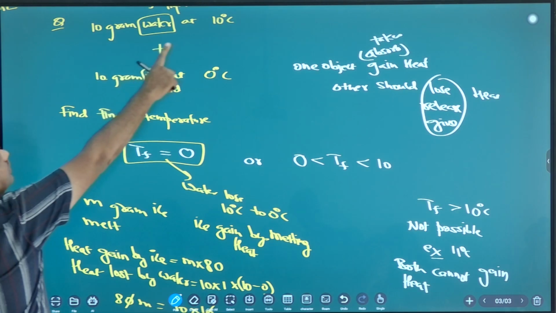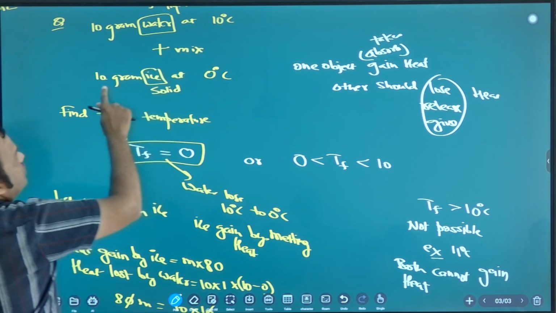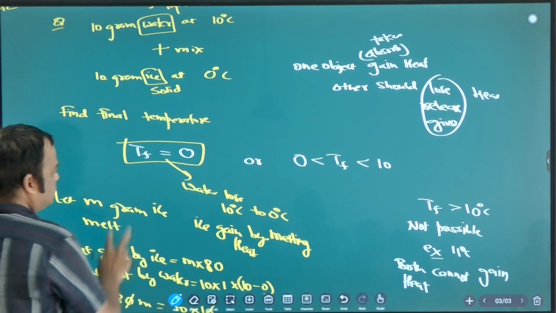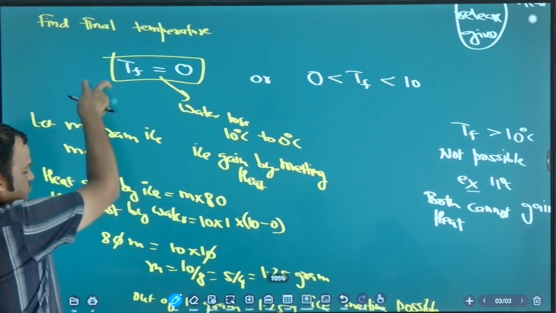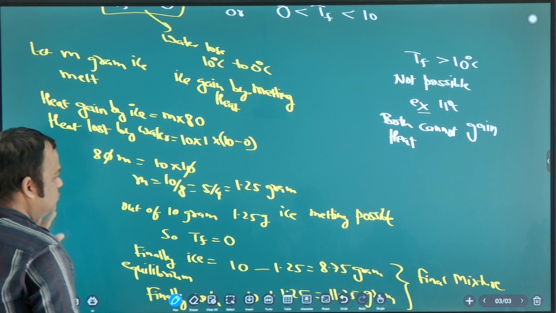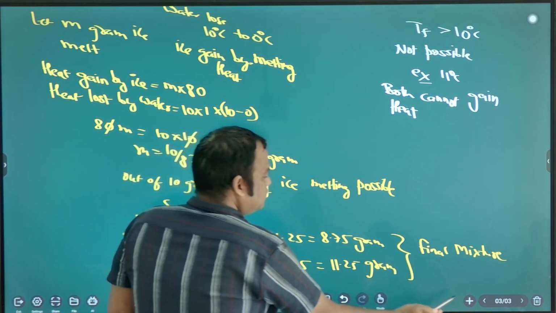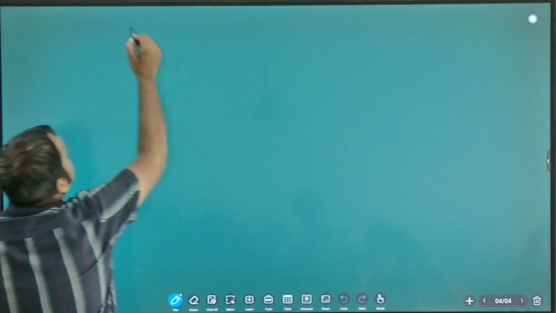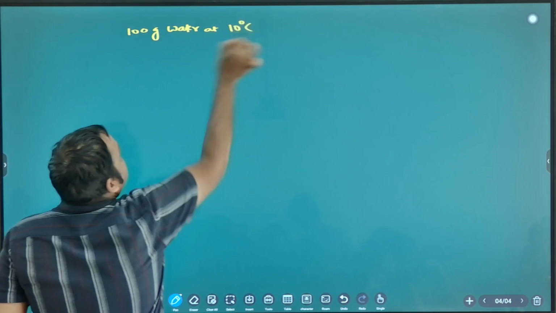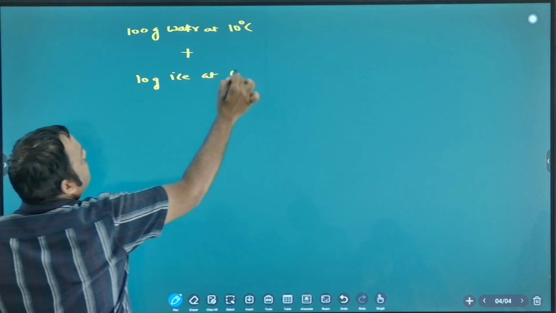100 gram water at 10 degrees Celsius mixed with 10 gram ice at 0 degrees Celsius.